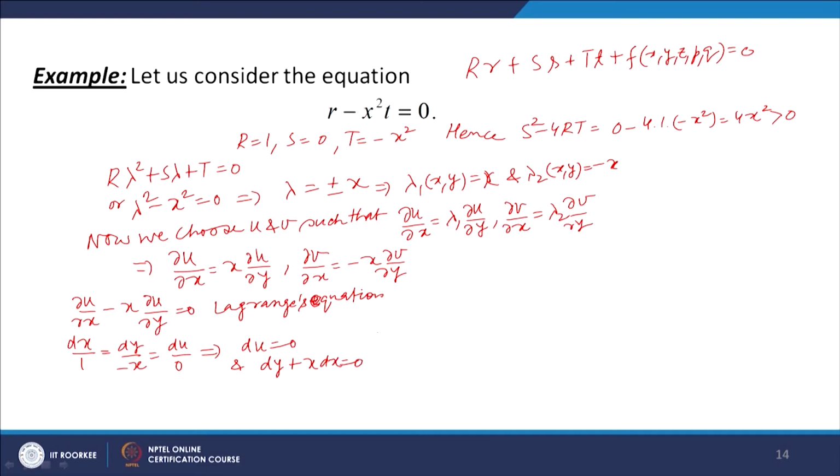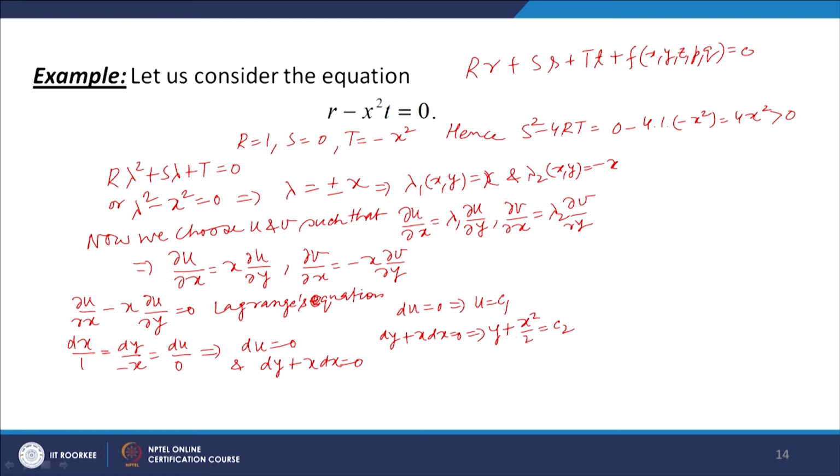So, du equal to 0 gives us u equal to some constant, say C1, and dy plus x dx equal to 0 gives us y plus x square by 2 equal to C2.